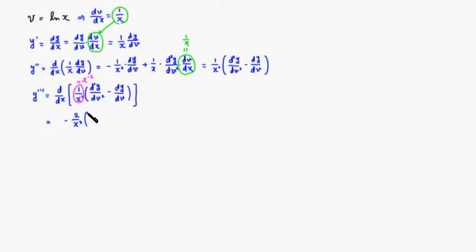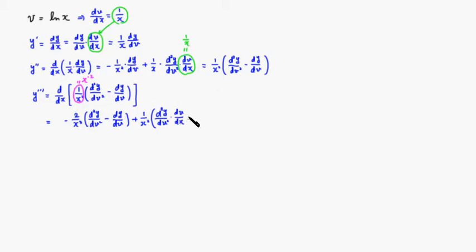Then times just this: the second derivative of y with respect to v minus dy over dv. We're not done with the product rule, so it's going to be plus 1 over x squared. The derivative of this guy is going to be the third derivative of y with respect to v, but you have to multiply by dv over dx, just a chain rule.